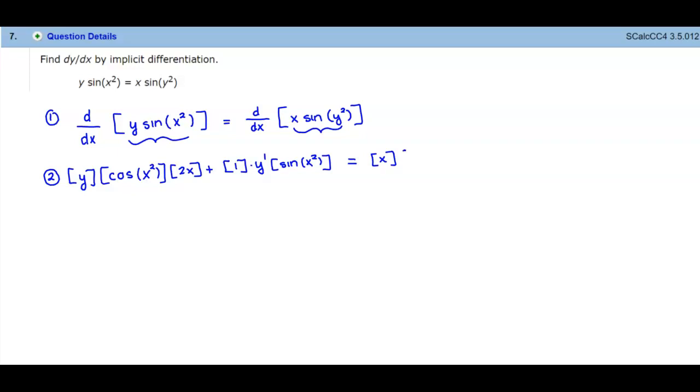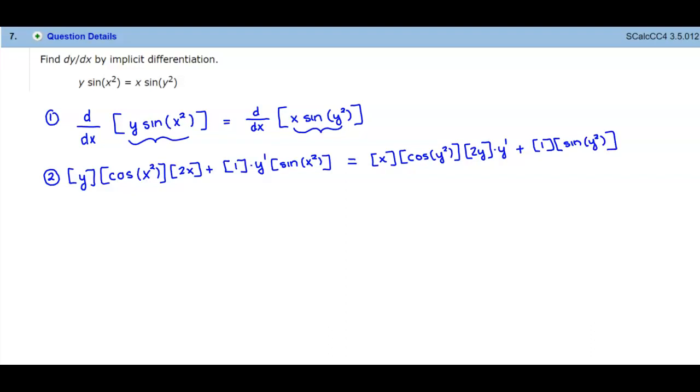The derivative of that function is going to be the cosine of y squared times the derivative of the inside function y squared, which is equal to 2y times y prime, plus the derivative of x, which is going to equal 1, times the sine of y squared.